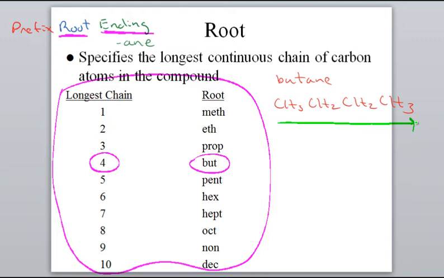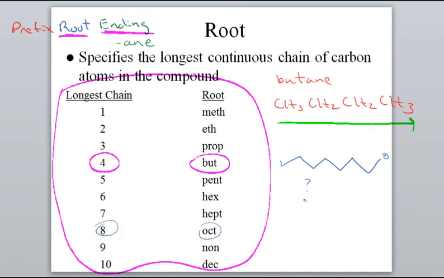Butane. If we had 8 carbons in a row, and I'm going to make it hard on you, well, maybe easy. I'm going to draw it as a line structure. So 1, 2, 3, 4, 5, 6, 7, 8 carbons. What's the name of that structure? Well, if it's 8 carbons in a row, starting with 1 all the way over here to 8, 8 is oct.